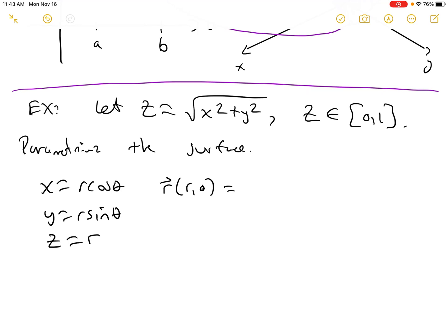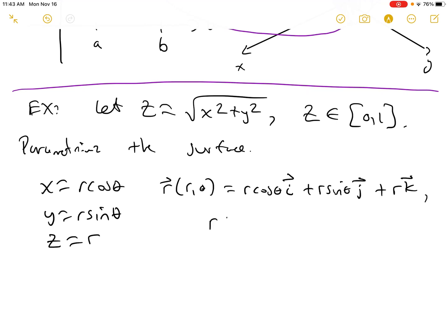It's R cos theta I plus R sine theta J plus R K.